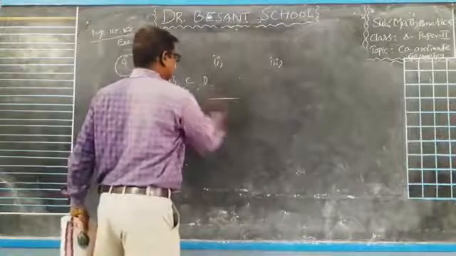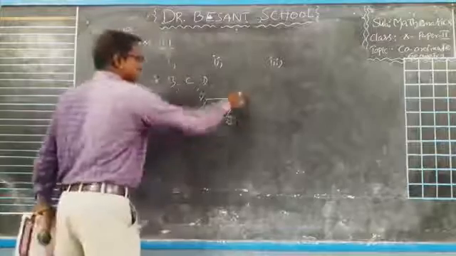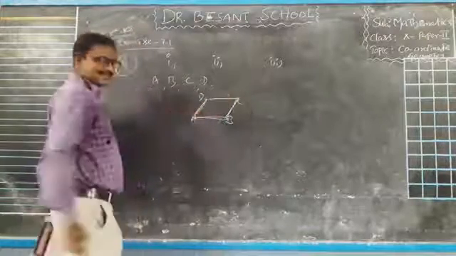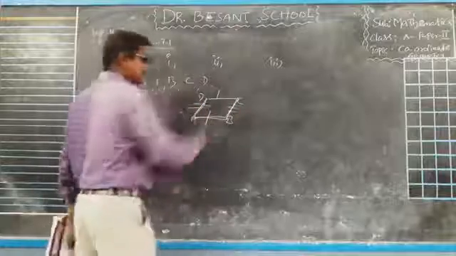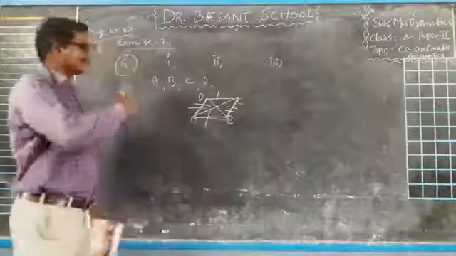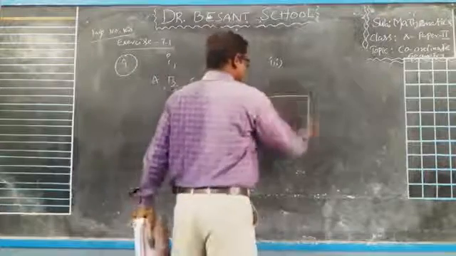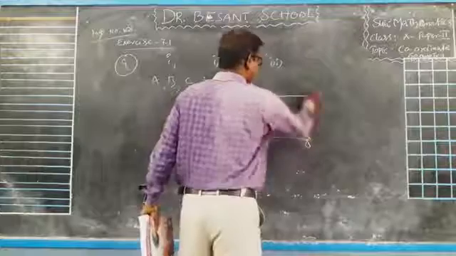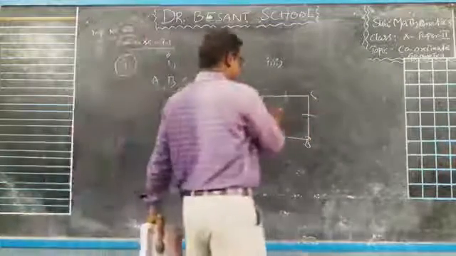For example, for a parallelogram ABCD, find AB, BC, CD, AD distances. If opposite sides are equal, AB and DC, AD and BC, and the diagonals are not equal, AC not equal to BD, then the given vertices form a parallelogram. For example, for a square ABCD, find all 4 sides and both diagonals.